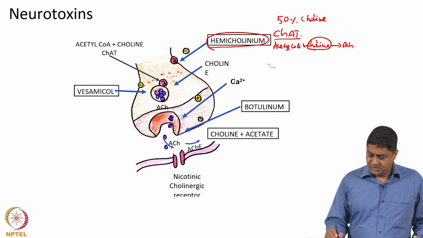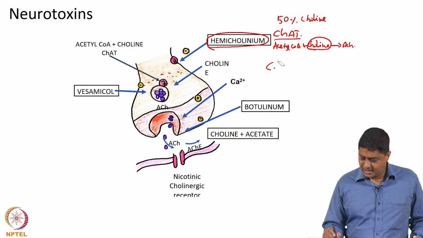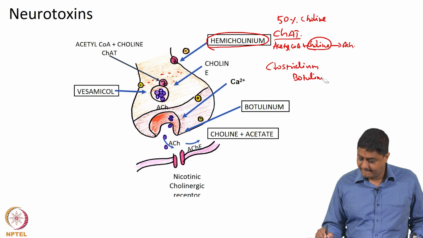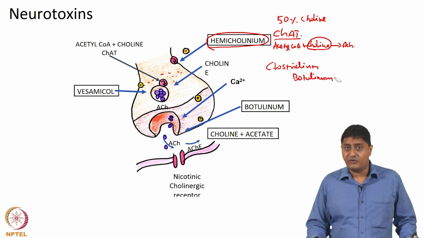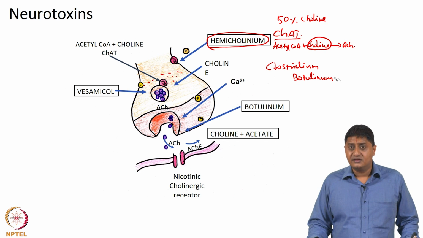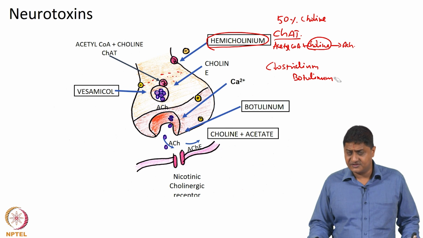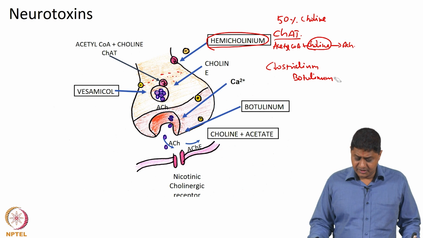Botulinum toxin is produced by Clostridium botulinum, a bacteria that produces this very powerful toxin. There are several forms of this toxin, but all of them have almost similar actions on the neuromuscular junction.